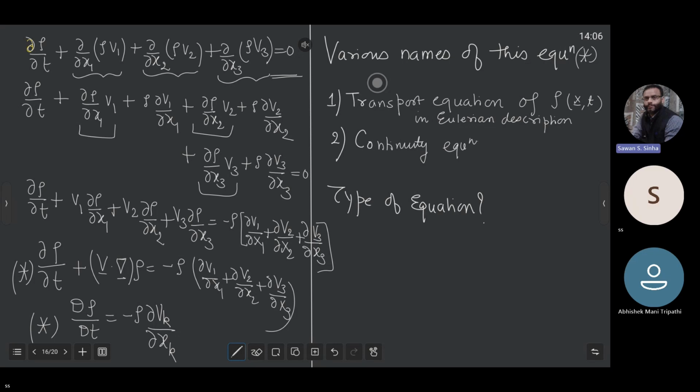The reason I keep the 3 terms on the left hand side is that I recognize that these 3 terms actually represent this.